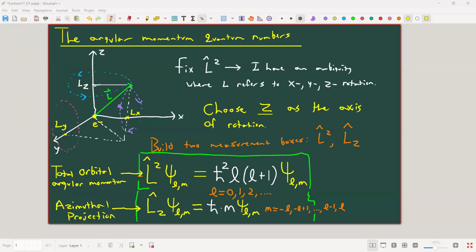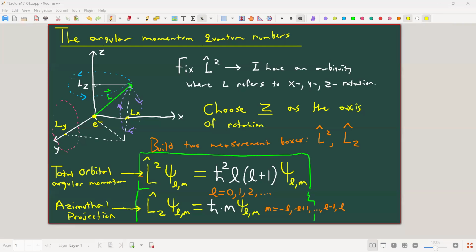L squared is an operator, the total angular momentum of the electron, applied to our spherical harmonics, which are angular momentum wave functions for our electron, gives us back h bar squared L(L plus 1), where L is basically any integer greater than or equal to 0. So at a fixed radius, you have an infinity of stable orbits.